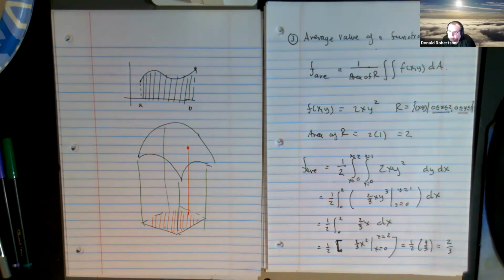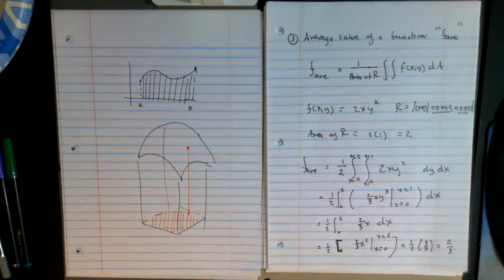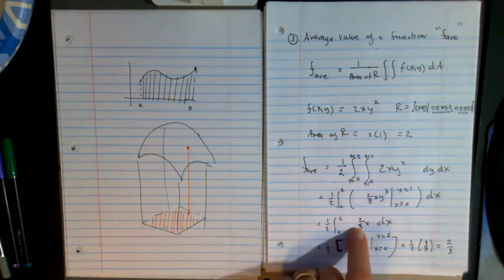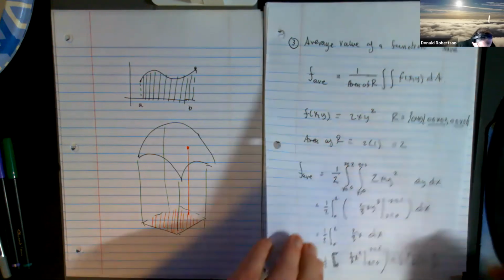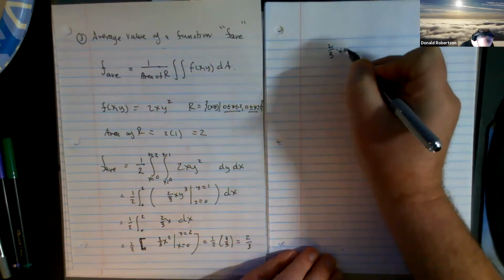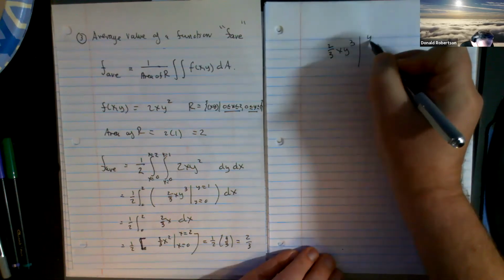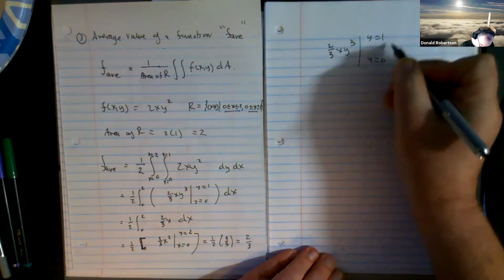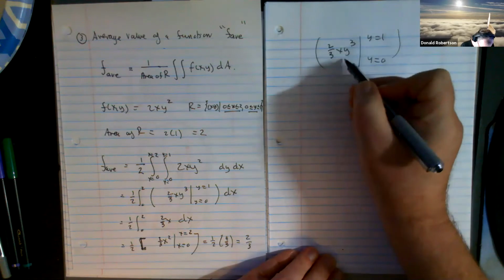Are we okay with how to calculate the average value of a function? Is there anything you're not sure about? I don't understand how you went from 2/3 xy cubed down to 2/3 x dx. Okay, let me show you what that looks like. I had 2/3 xy cubed being evaluated at 1 and at 0. So I'm going to replace y with 1.